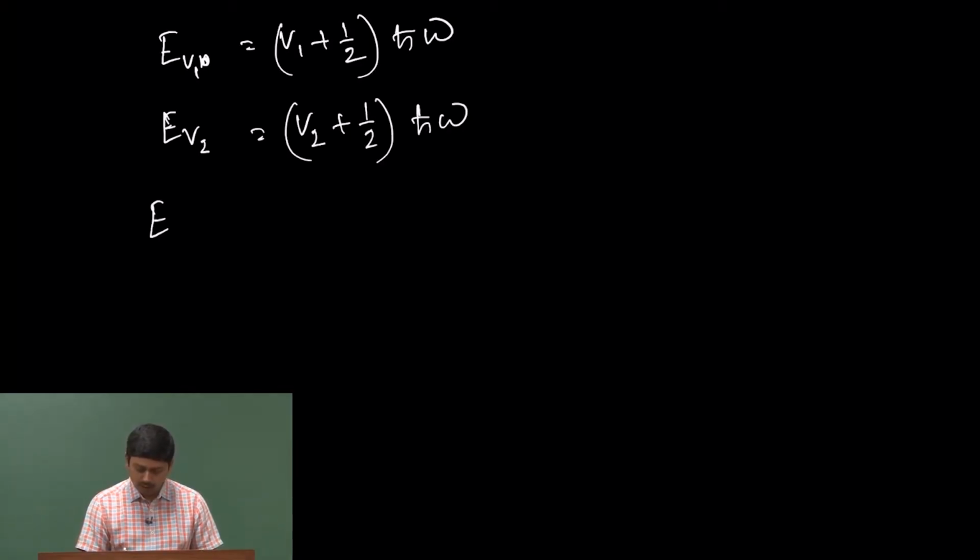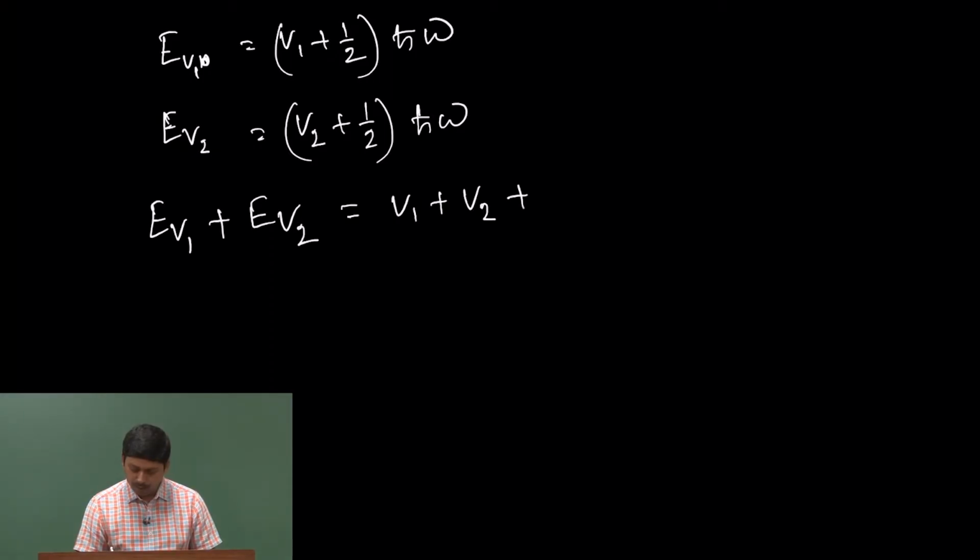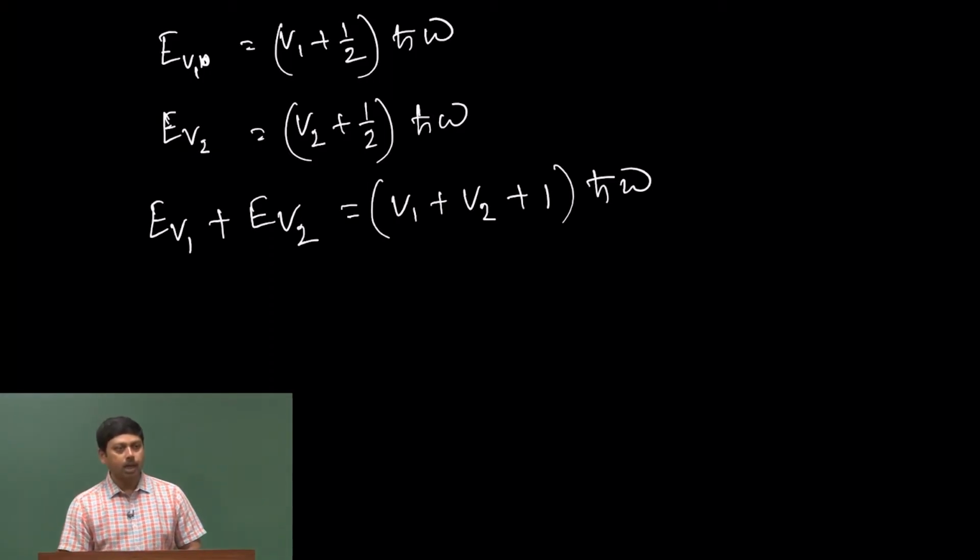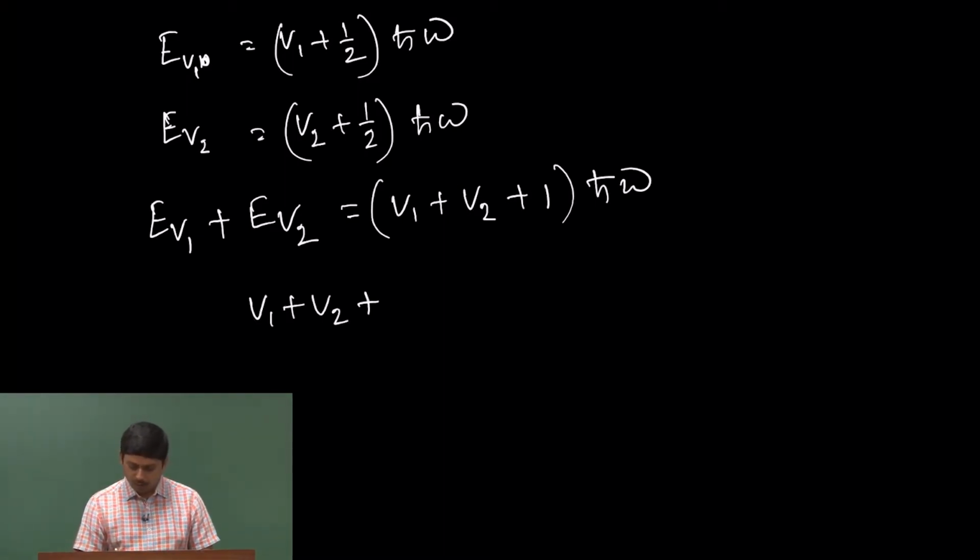So, the total energy is V1 plus V2 plus 1 h cut omega. Now, I need to get V1 plus V2 plus 1 equal to 3.